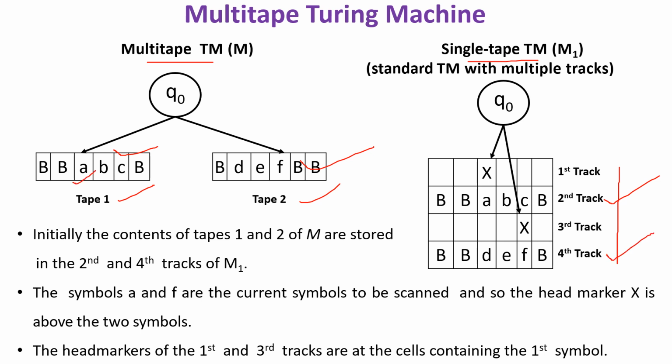Since symbols A and F are the current symbols to be scanned, the head marker X is on A in the first track and the head marker X is pointing to F in the third track.